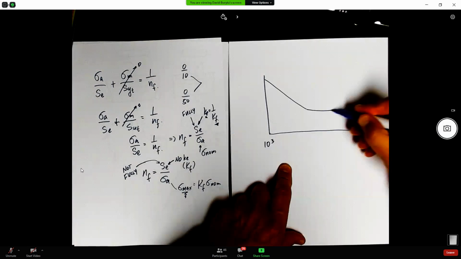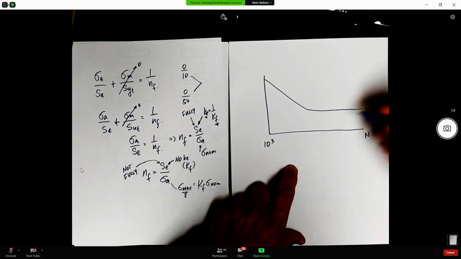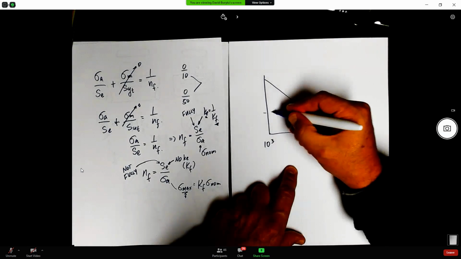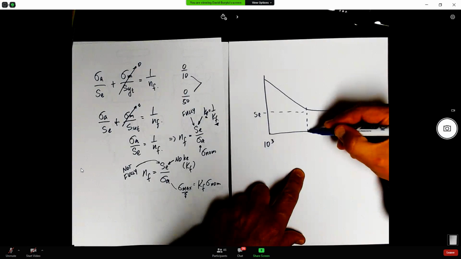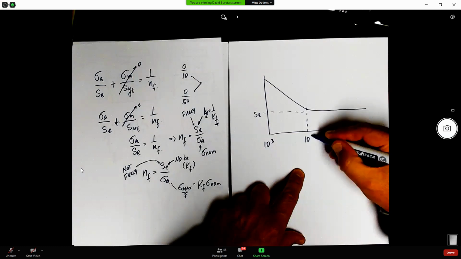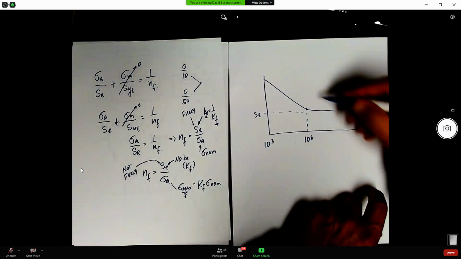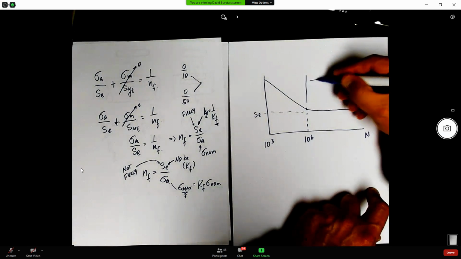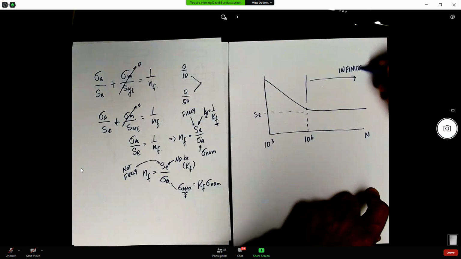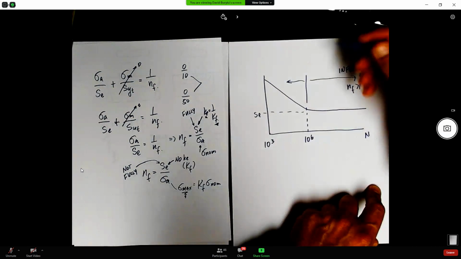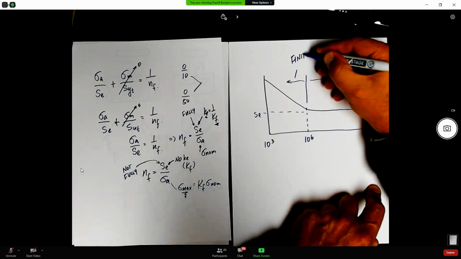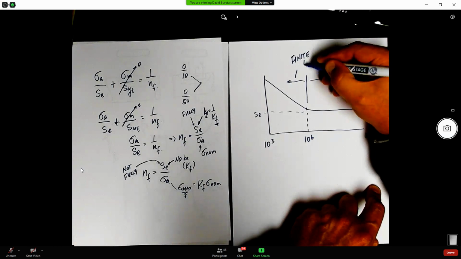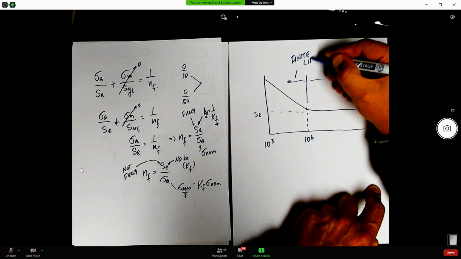This value here was our Se value, and this corresponds to 10 to the 6th cycles. Anything on this side is predicted infinite life, so your Nf is greater than 1. Anything to this side over here is finite life, and this is where you'll get your Nf less than 1.